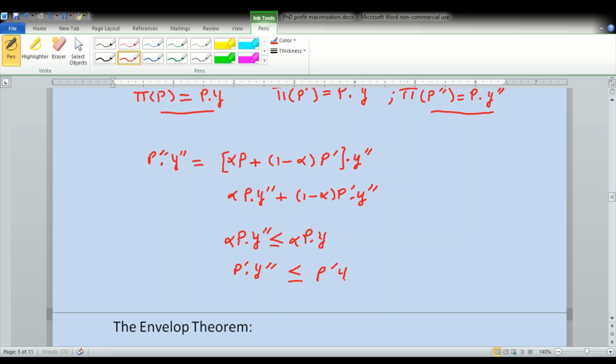Why? Because at p dash, y dash is the profit maximizing output vector. So with y double dash, the profit should be less relative to y dash, when p dash is the price vector.